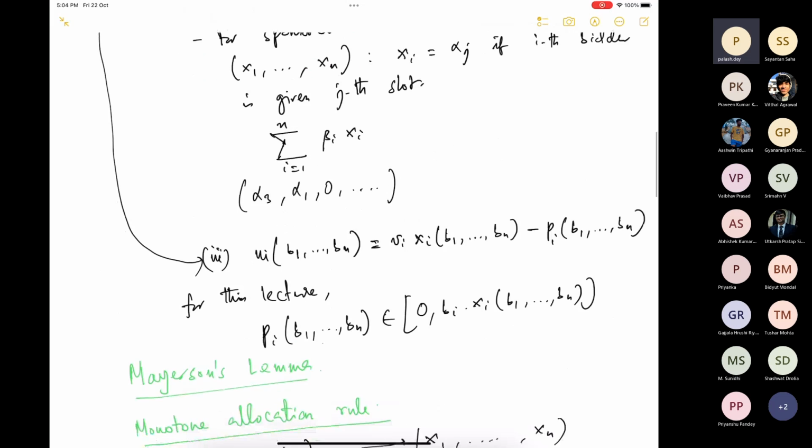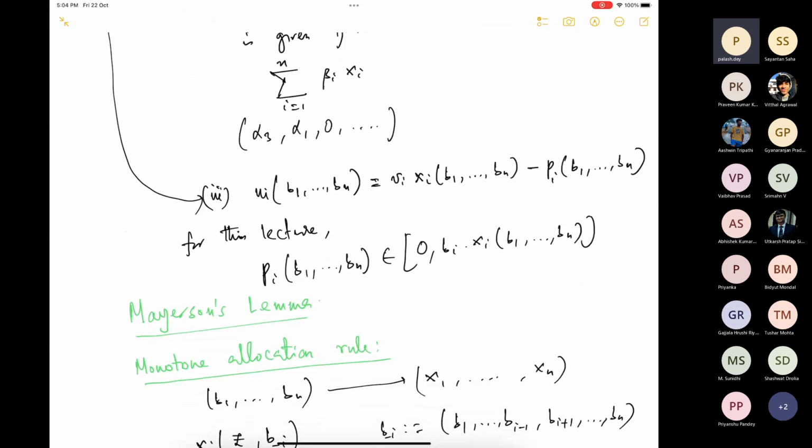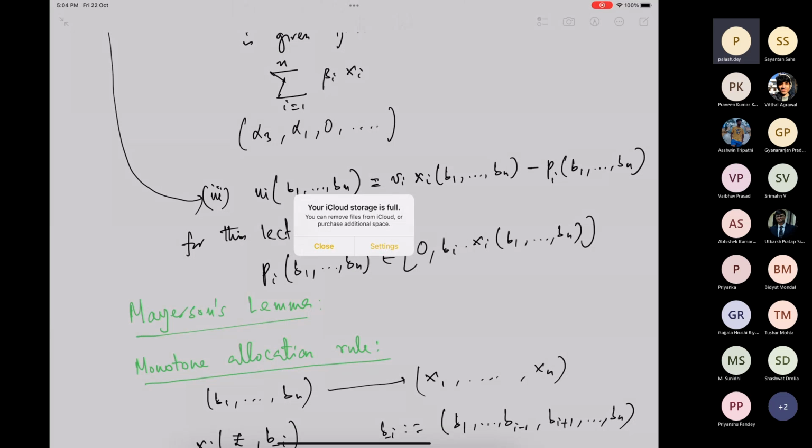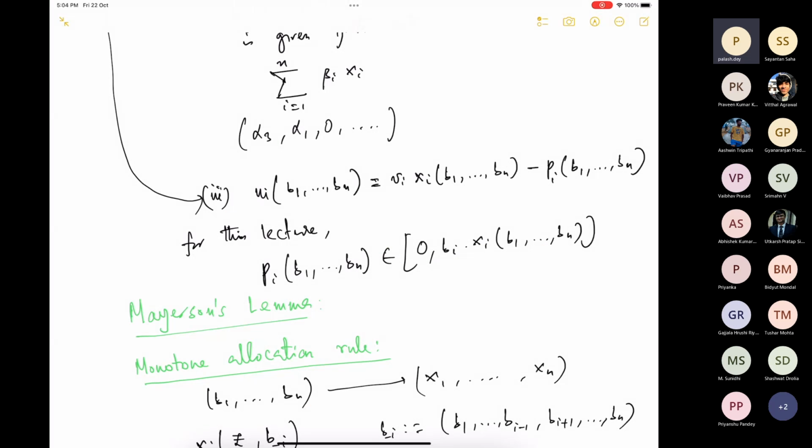And the utility of player i is valuation times the amount of good xi that this player i receives minus pi, the amount of payment that player i makes. And we will assume that payments are always non-negative. That means in no circumstances the seller has to pay, and payment is at most the bid value.